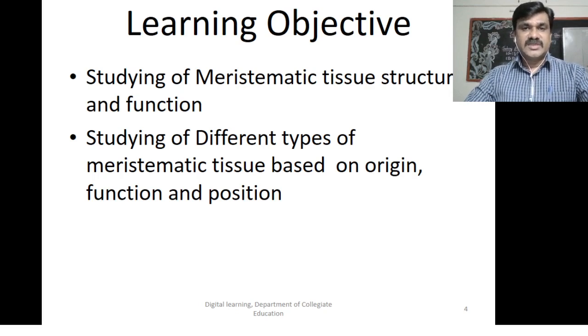Then what is the learning objective? Studying of meristematic tissue, structure and function. That is meristematic tissue's general characteristic features, structure of the tissue and function of the tissue. Then studying of different types of meristematic tissue based on origin, function and position. These are the two learning objectives.